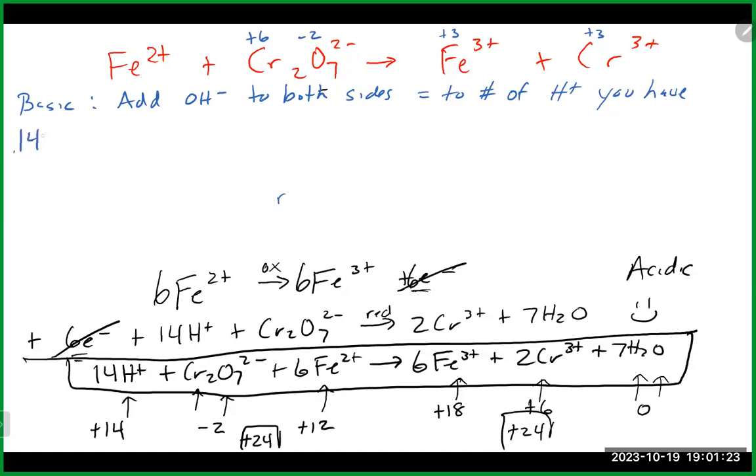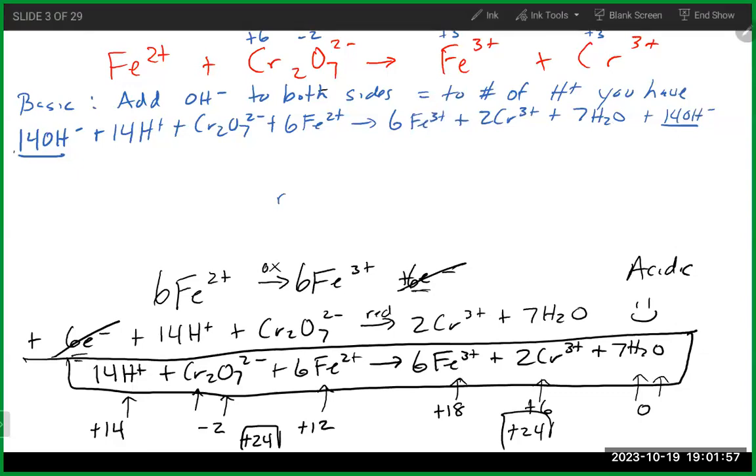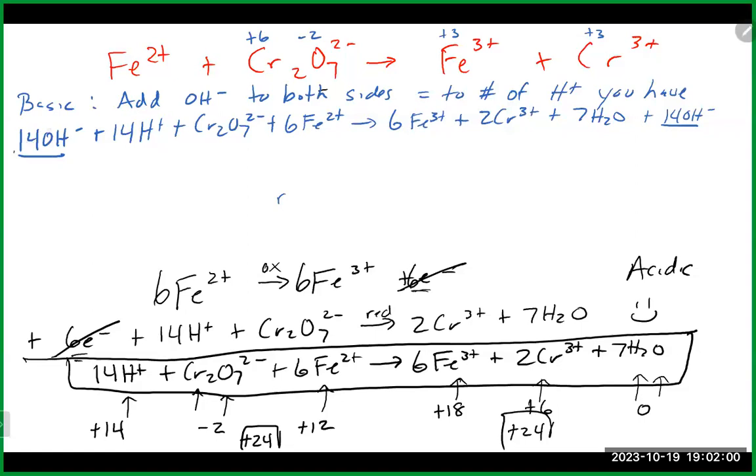So on the left-hand side there, we would have 14 OH minuses plus our 14 H pluses plus our Cr2O7 2 minus plus our 6 iron 2 goes to our 6 of the iron 3 plus our 2 of the Cr3 plus our 7 waters and our 14 OH minuses, once again added not to just one side but both sides.